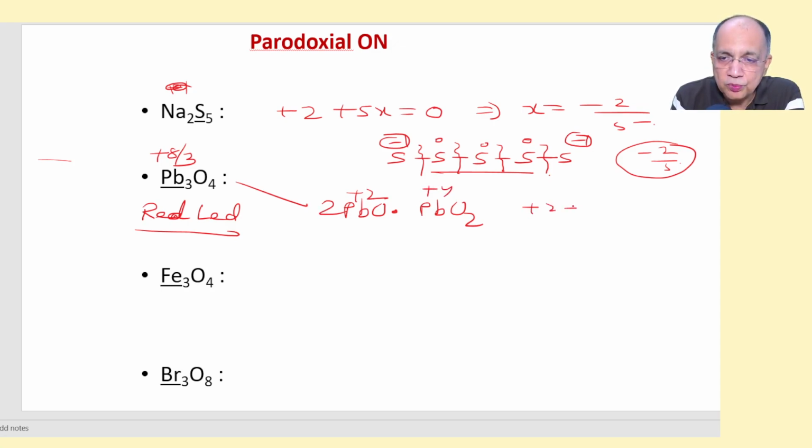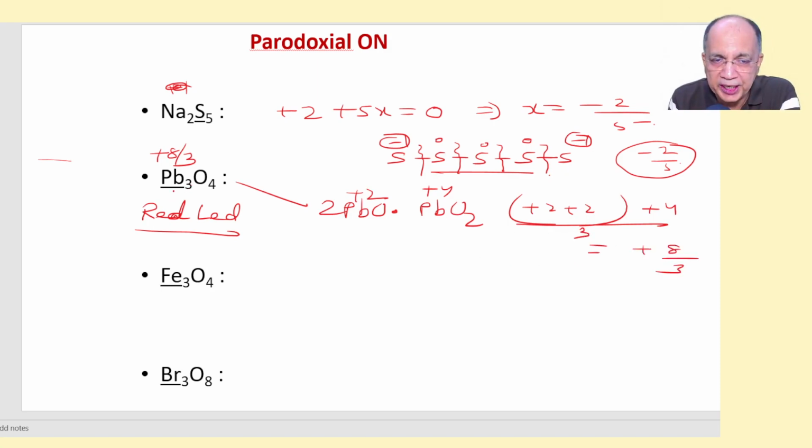So 2 moles of PbO, 1 mole of lead dioxide, divided by 3 lead atoms. So you are getting an average of plus 8 by 3 in the X method. But when you are asked to really tell the oxidation numbers of the lead atoms, you will say plus 2 for 2 lead atoms and plus 4 for 1 lead atom.